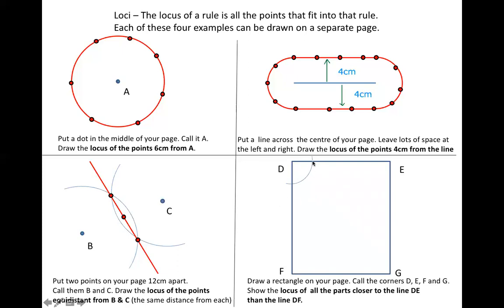And then I stand on one intersection using the same distance I cut, and then I stand on this intersection and I cut again, and I draw a line. You don't have to color, you can shade that region. So all the points in that region will be closer to line DE compared to the line DF.